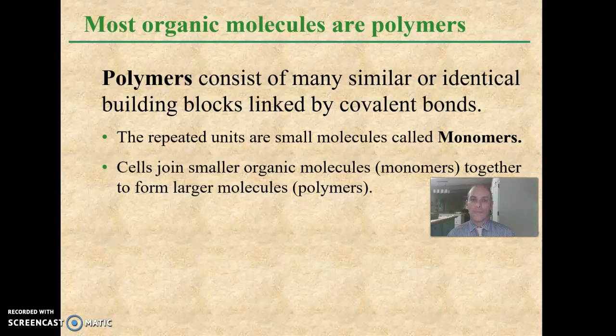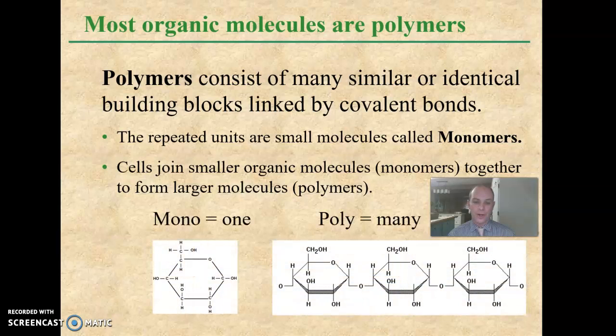So polymers are many monomers together. That should make sense to you. Mono is one, poly is many. Over here, this singular molecule has one total. Over here, 1, 2, 3. Poly many, mono one.